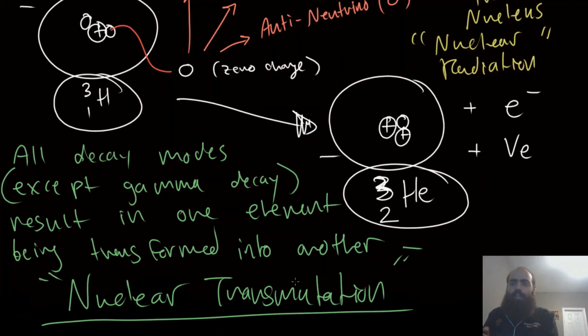Nuclear transmutation is the process by which, in a radioactive decay event, an element gets transformed from one form into another, from one element into another. So that's a very interesting consequence of radioactive decay, that you can actually get elements transforming from one to another.